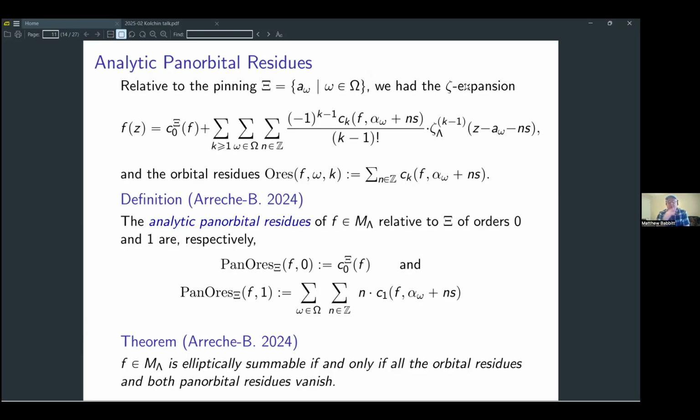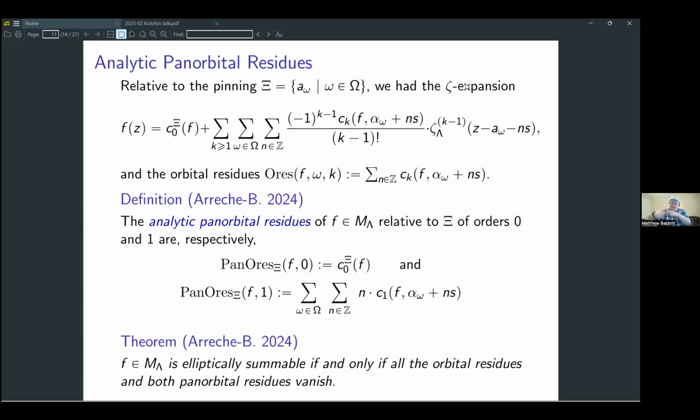So we have these orbital residues that we can see directly from the zeta expansion, right? Not just from the local expansion of f, but we can also get it from the zeta expansion. Now, relative to this zeta expansion, we're going to compute these analytic pan-orbital residues.